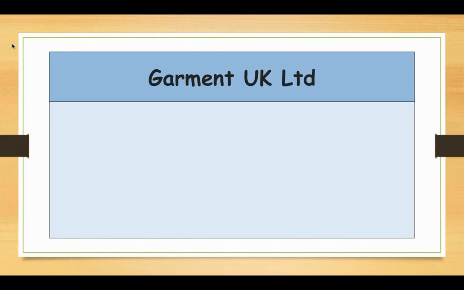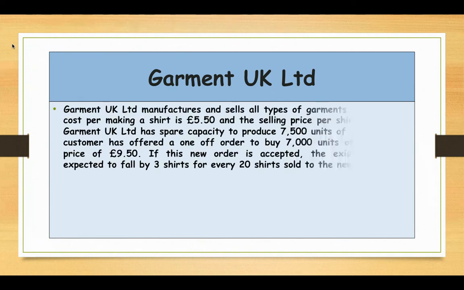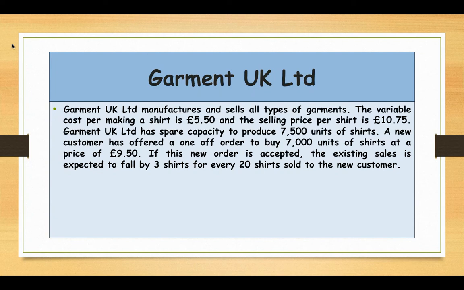So we are going to see the final example for this slide, which is Garment UK Limited. So we look at the question. Garment UK Limited manufactures and sells all types of garments. The variable cost of making a shirt is £5.50 and the selling price per shirt is £10.75.